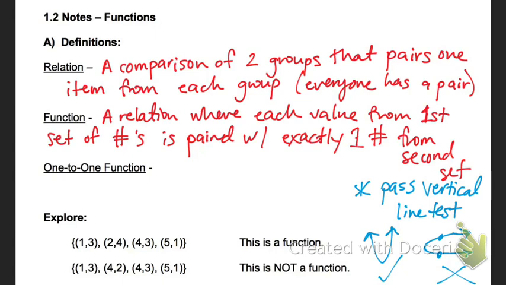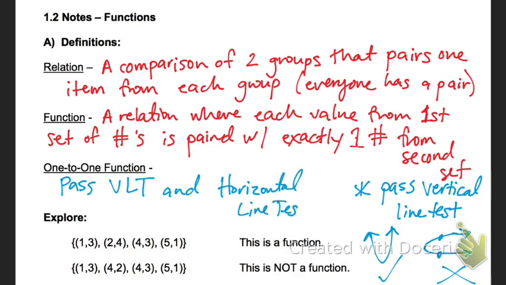And a one-to-one function must pass the vertical line test and the horizontal line test. So there can be no repetition of x or y.